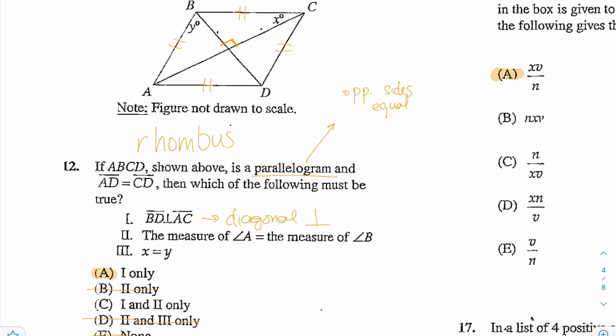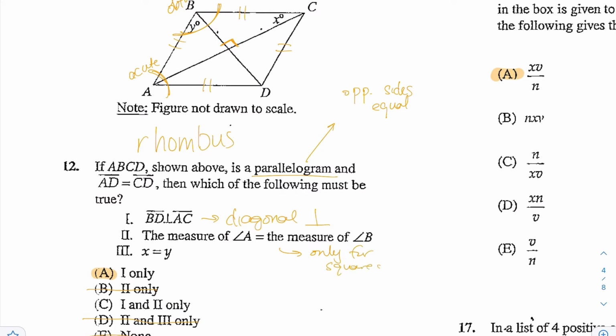All right, now for Roman numeral 2, the measure of angle A is equal to the measure of angle B. Here, that can't be true, because when you have a rhombus, one of the angles is going to be obtuse and the other one is going to be acute. The only rhombus in which A is equal to B is a square.